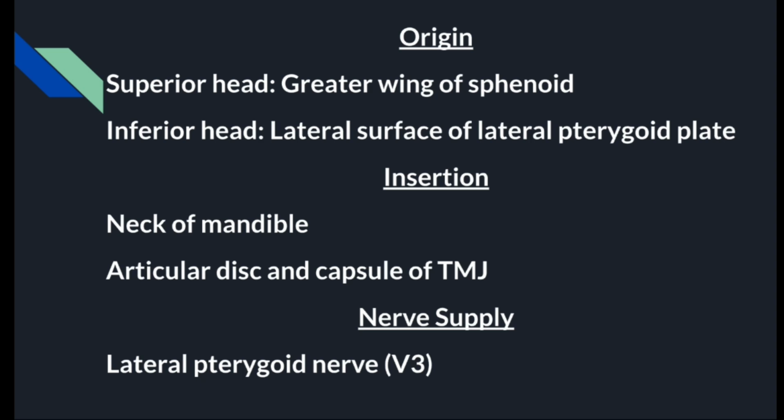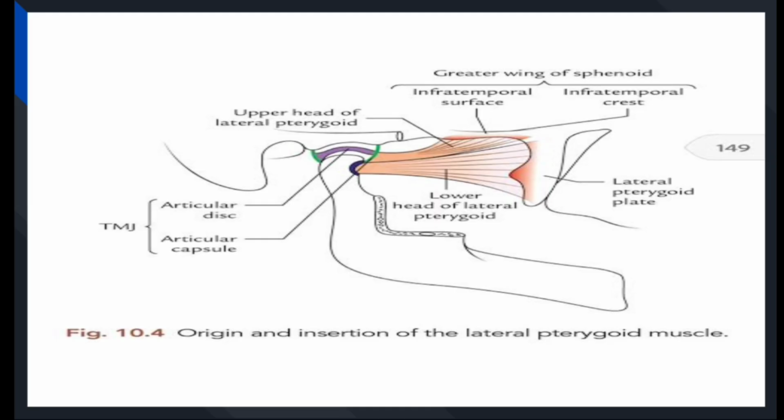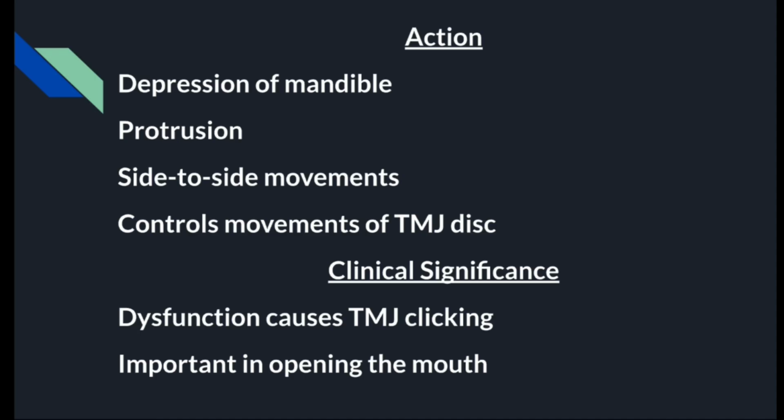Nerve supply is the lateral pterygoid nerve. This is the diagram. Action: side to side movements and control of movement of the TMJ disc. Clinically, dysfunction causes a TMJ clicking sound. It is very important in opening of the mouth.